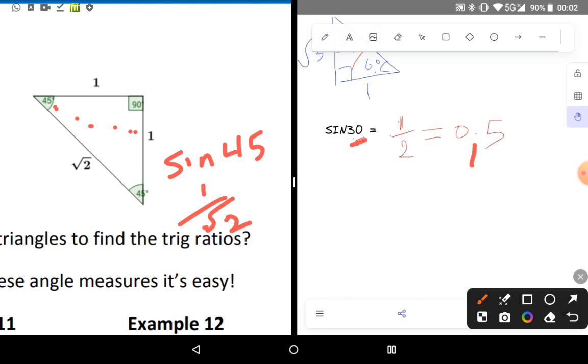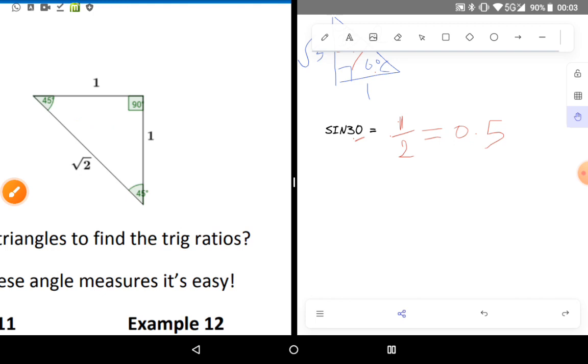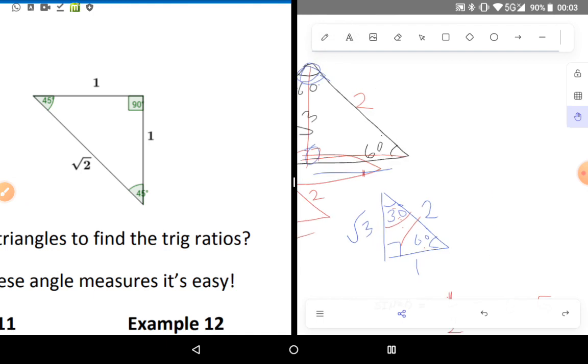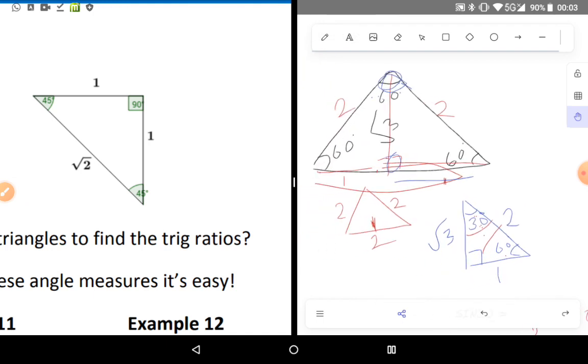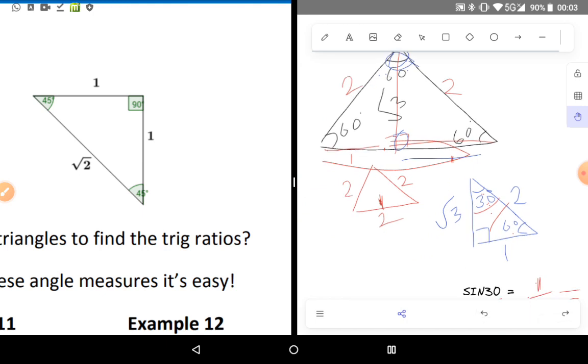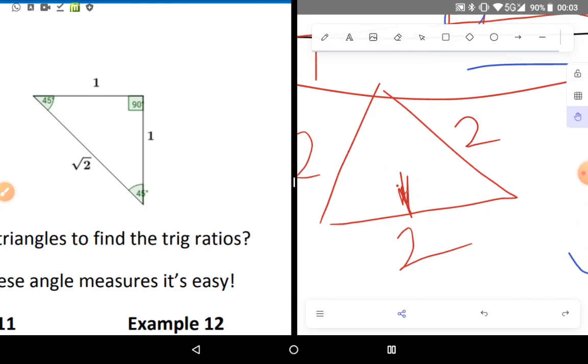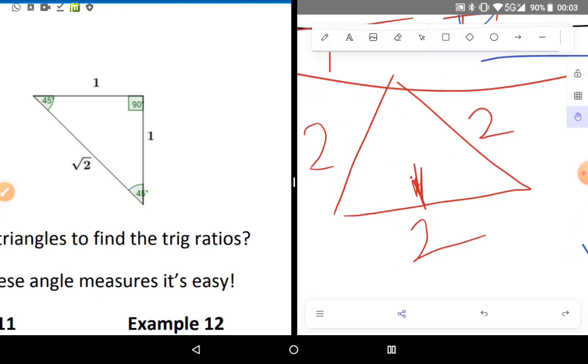And like I mentioned earlier, we can only work with 30 and 60 where we share this equilateral triangle into two equal parts, where the whole triangle has 2 on this side, 2 on this side and 2 on this side also.